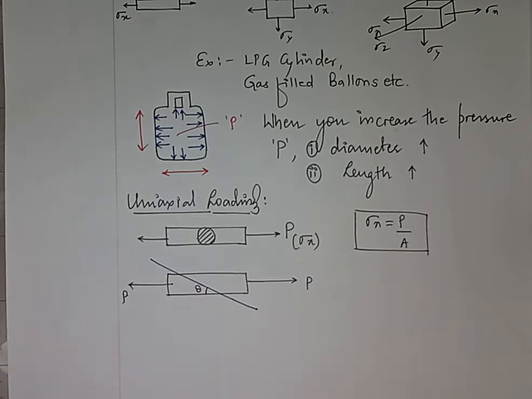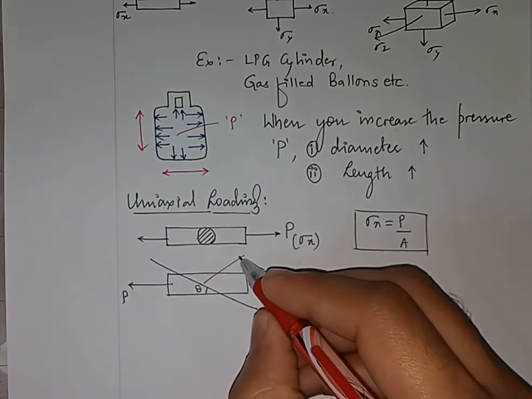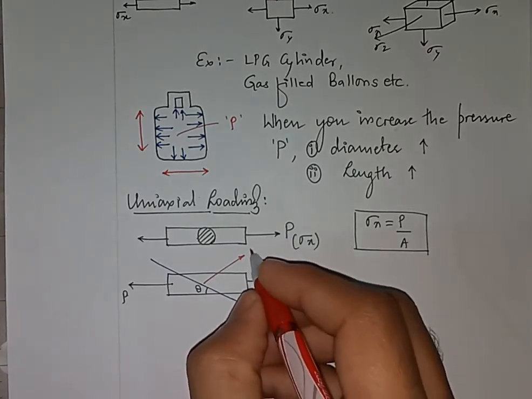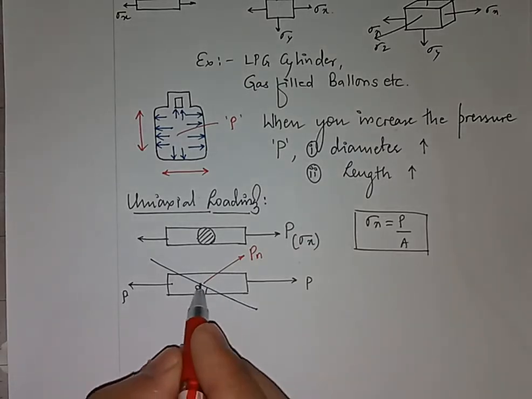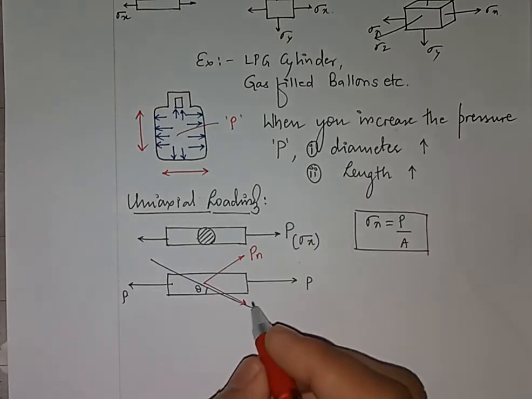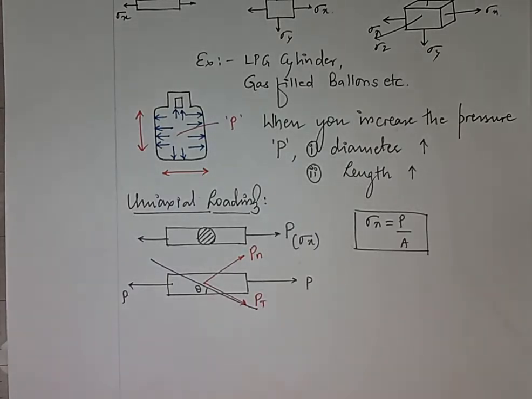Now if you check which forces are coming on the oblique plane, you will see that there will be forces in two directions. One will be in the normal direction, so you will have the normal force, and the second one will be along the oblique plane, that is PT. PT stands for tangential force.